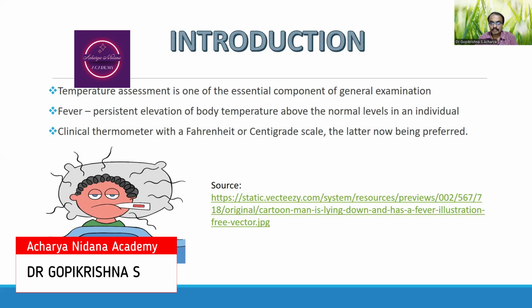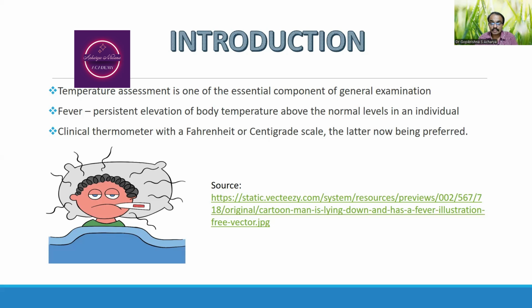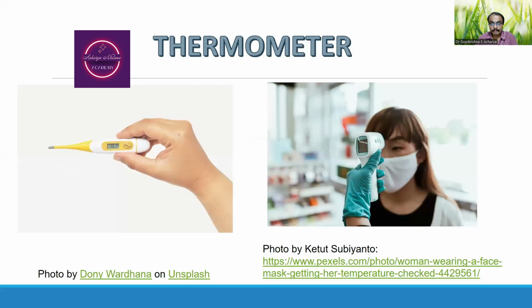Clinical thermometer with a Fahrenheit or centigrade scale, specifically now with the centigrade scale or Celsius scale, is being used nowadays. This is the image of a digital thermometer, which is the latest advent.